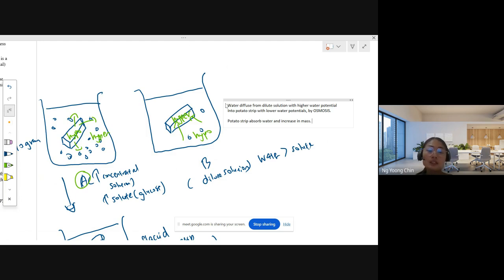So maybe initially the potato strip is 10 gram. They will become about 20 gram, just for example, so they gain additional mass from the water.